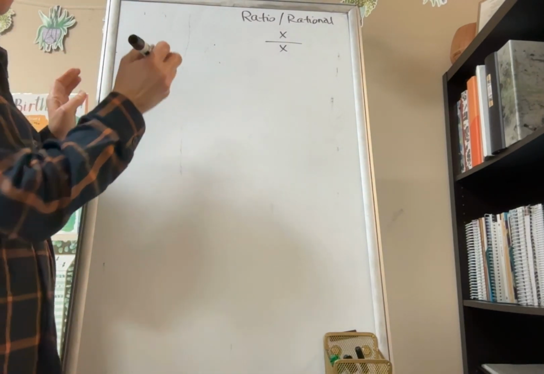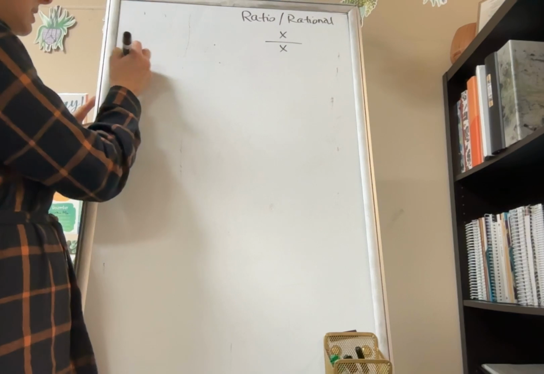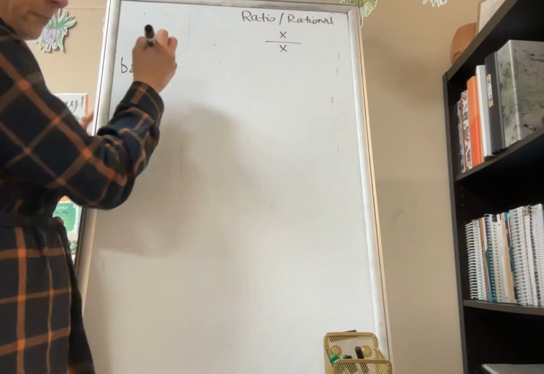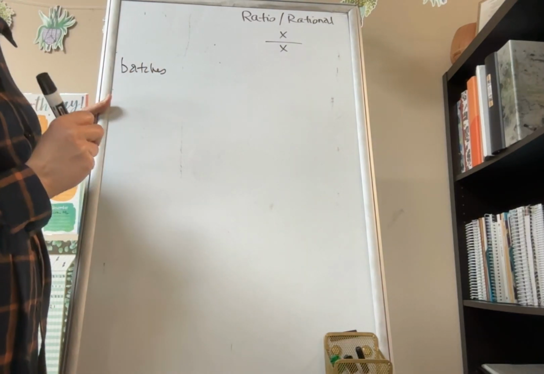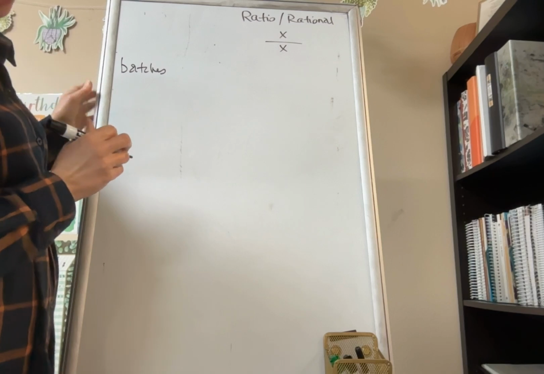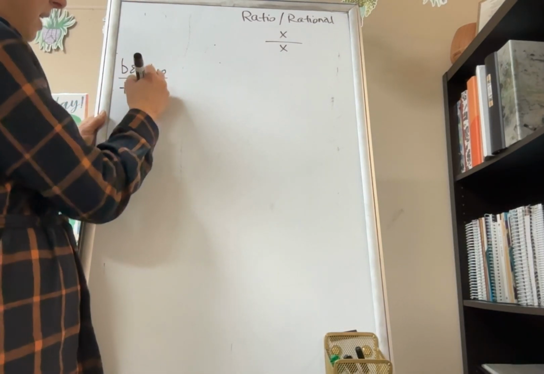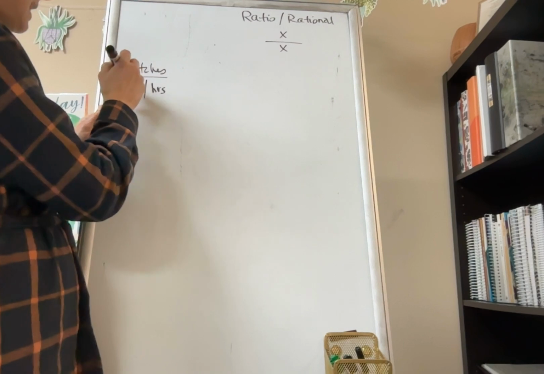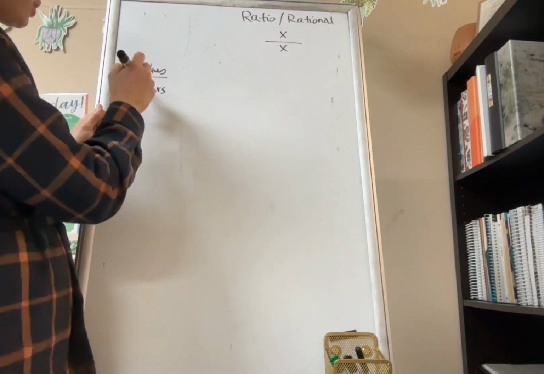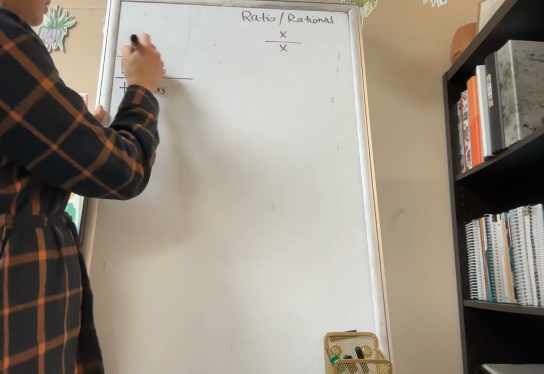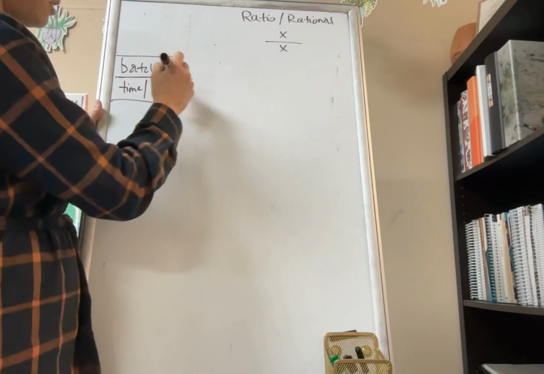Finley wants to make his favorite cookie for residents at the nursing home. And so he's given us a chart here with batches and the amount of time in hours that it takes, I guess, to make a batch of cookies, right? So let's make our chart here.